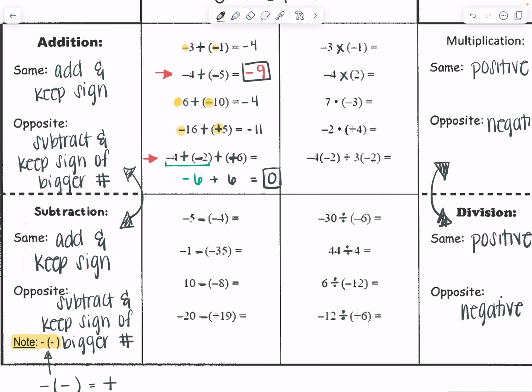The only difference is you may have to simplify that minus a negative first. So like in this very first example, I've got -5 minus -4. That's going to turn to one big plus, and so I've got -5 plus 4. Opposite signs, I'm going to subtract and keep the sign of the bigger number, -1.